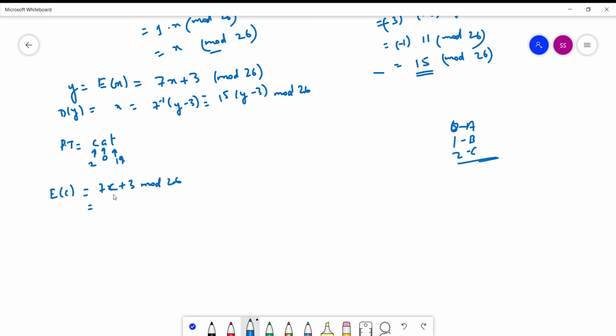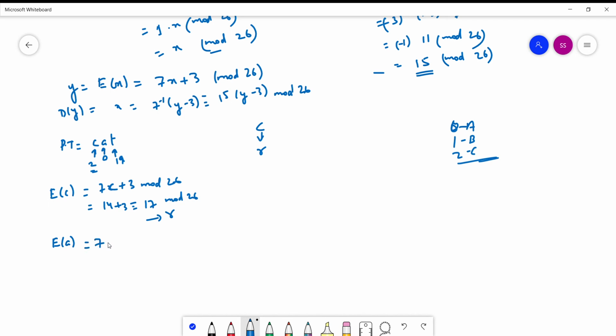Okay, so now I'm trying to find encryption of c. Encryption was 7x, so here it will be 7c plus 3 mod 26, right? So value of c is 2. So 7 into 2 is 14 plus 3, which is equal to 17 mod 26, which is the value of r. So my c is encrypted to r. Okay, now let's find encryption of a.